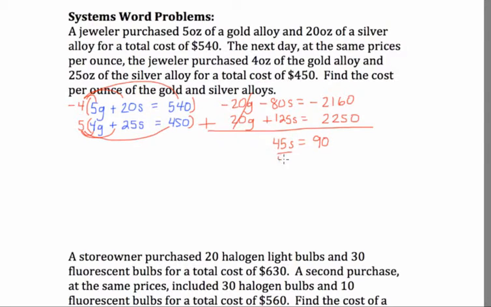So then I can solve for S. Divide both sides by 45. So the price of silver is $2 an ounce. Now that I have silver, we just have to get gold. So take one of your original equations. I now know that S is equal to 2, so replace the S with a 2.